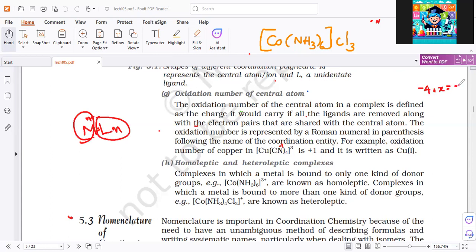Together they give -3. That means X is equal to +1. So how are you going to write the oxidation number of copper? We will write Cu, now open the parenthesis and write the Roman numeral I. If this was 2, we would write this as Cu(II).